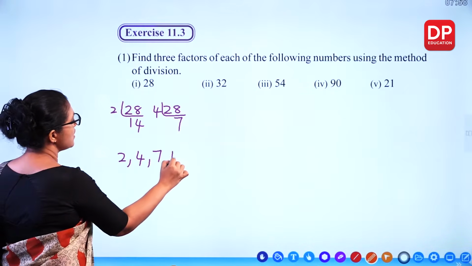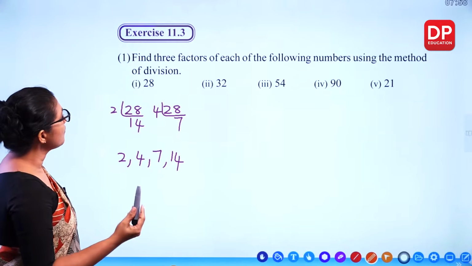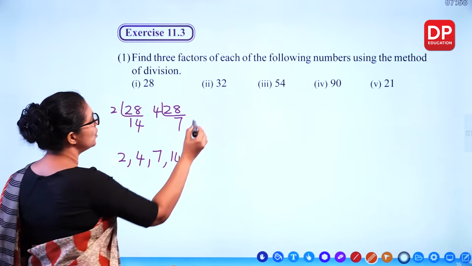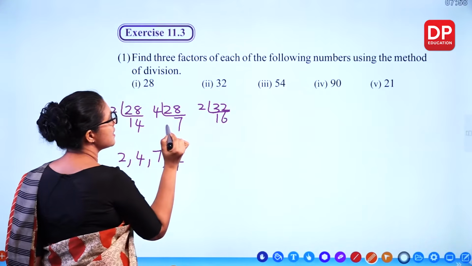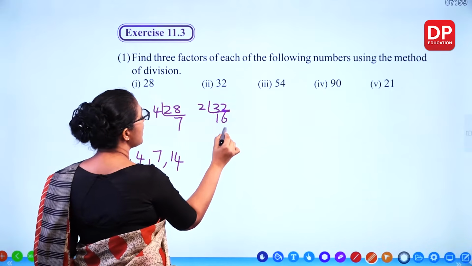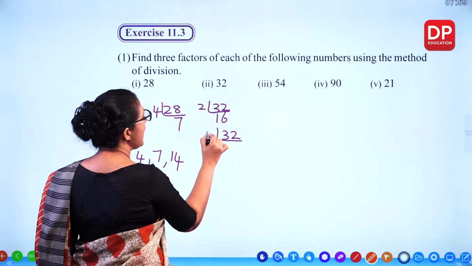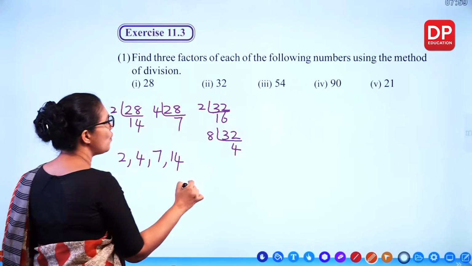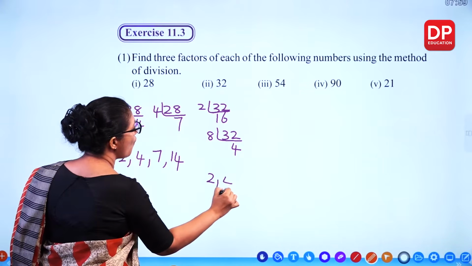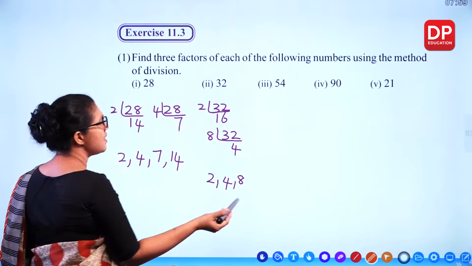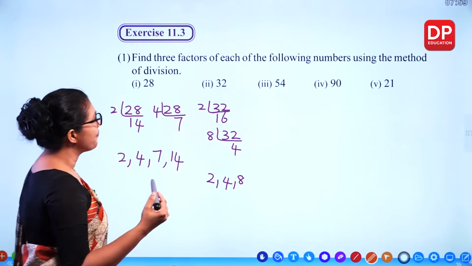So, I'll write 14 as well. 32. 32 I can divide by 2. You get 16. Again 32 I can divide by 8. 8 times 4. So what are the factors of 32? 2, 4, 8, 16. You can write.